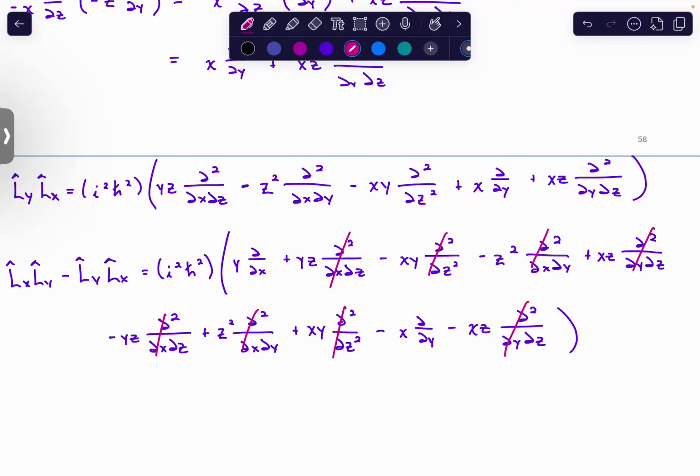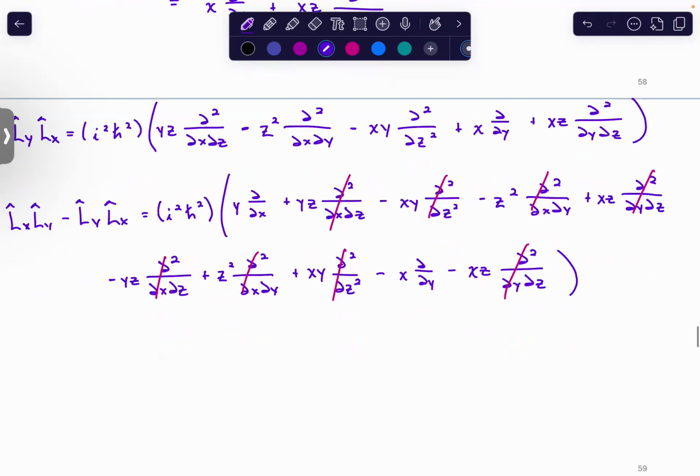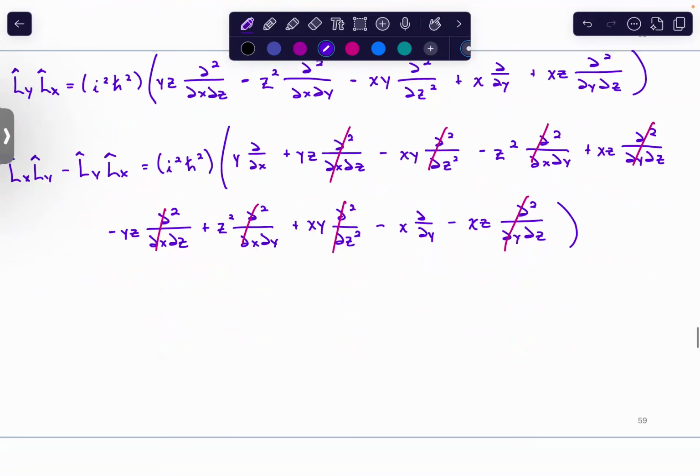I don't know. Okay, so what I end up with, now let's space out the i h bar. This is why I didn't turn i squared into -1. And let's look at what we have left. Y d dx minus x d dy.